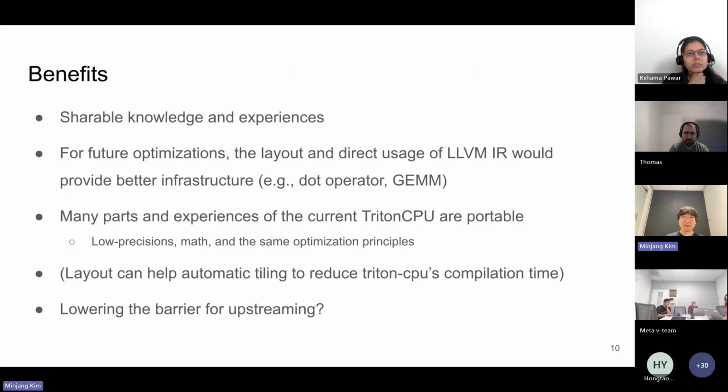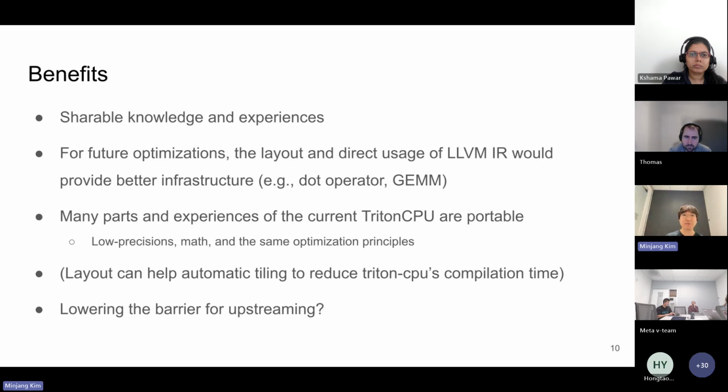So this is the benefit I am thinking. The best thing is that we can share the knowledge and the experience across Triton GPU and even the non-GPU. It's not separate. Now we can just share everything together. For the future advanced optimization of Triton CPU, I think using the layout and the direct usage of LLVM IR looks like a much more comfortable approach, and it looks really like a GPU.